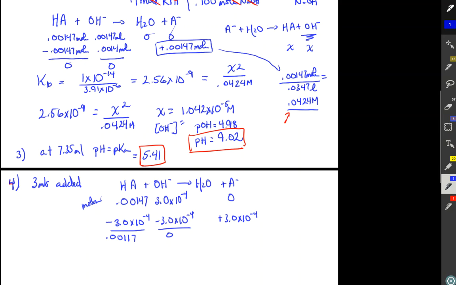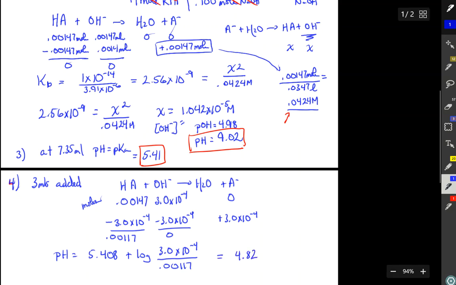To speed up this process a little bit, I'm going to say pH equals 5.408 plus the log of 3.0 times 10 to the negative 4th, which is our base, and our acid is 0.00117. Again, I'm using moles here, but the ratio is exactly the same because they're in the same solution. And this is going to give us a 4.82 pH.